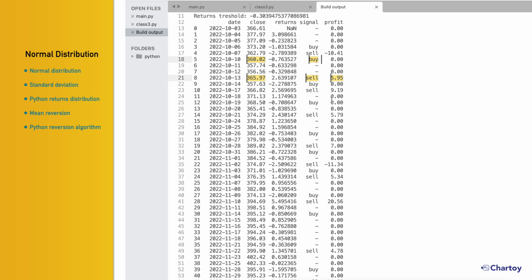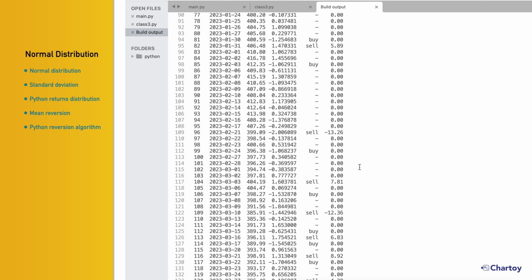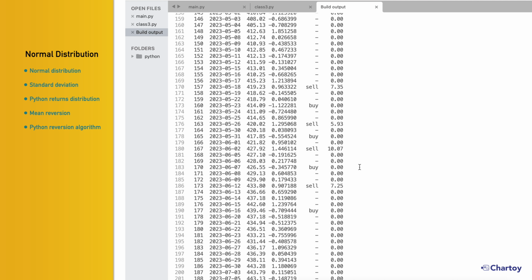So you can go over all the results like this, and you can see that for each position we took, we have either negative or positive results, etc. So if you go over the whole year, which is what our for loop did, you can at the end get all the positions' profits.